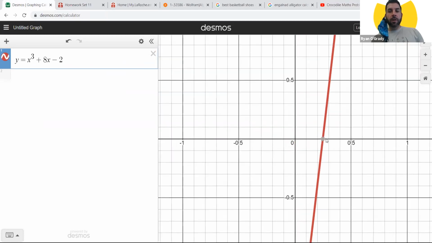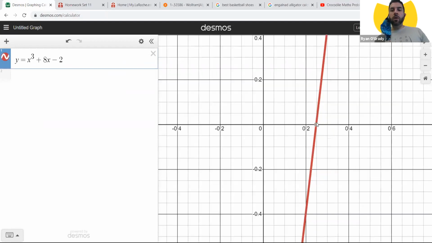And by the way, we know it only crosses once. And Desmos tells us that it crosses around 0.248. So one option we can do for this particular problem is we can use a computer to solve it or approximate the solution.